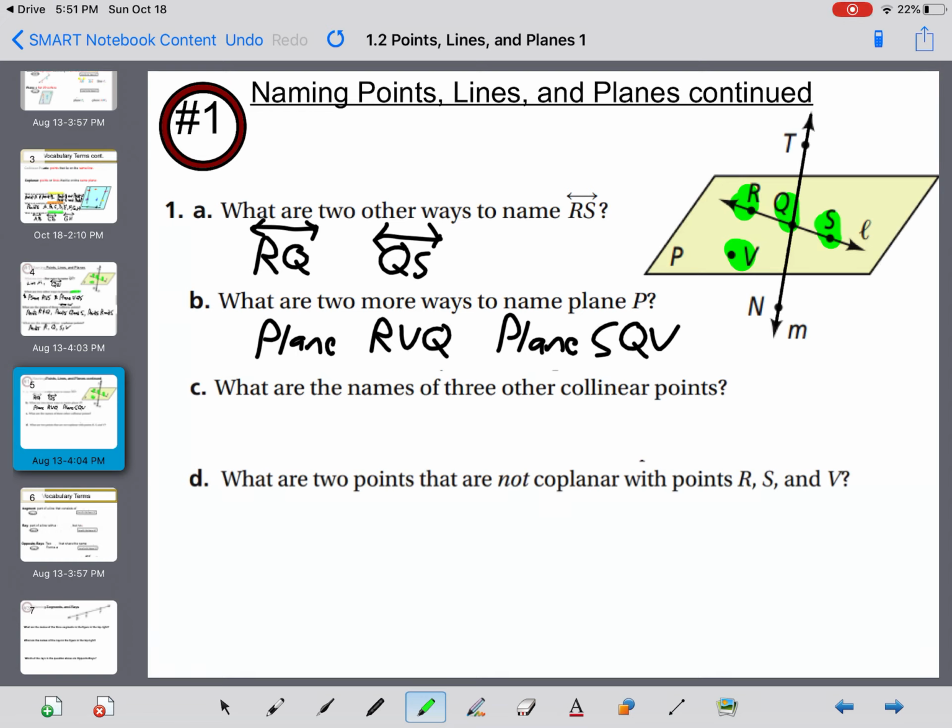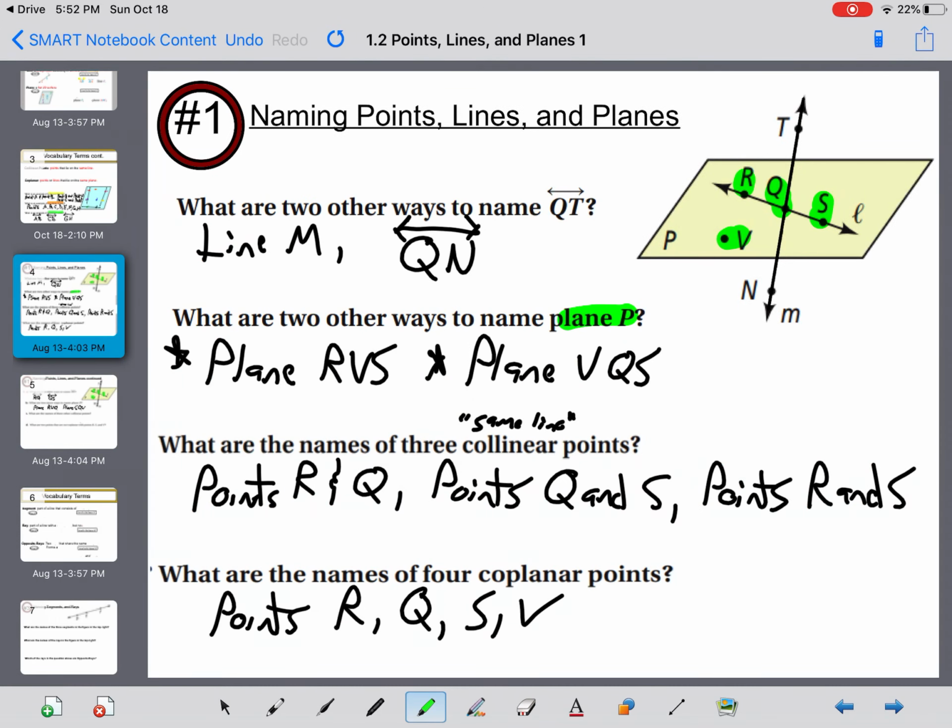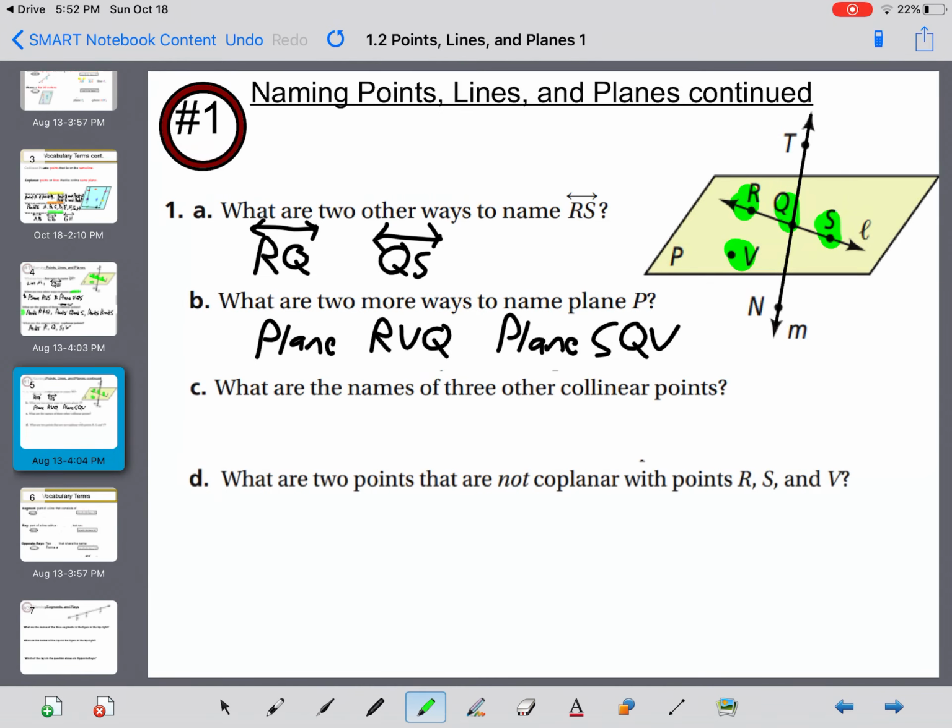What are the names of 3 other collinear points? So if we take a look, we have points R and Q, points Q and S, and points R and S, right, from right here. So that was because we took collinear points on this line. So at this time, let's use a different line for collinear points. I'm going to use this line.